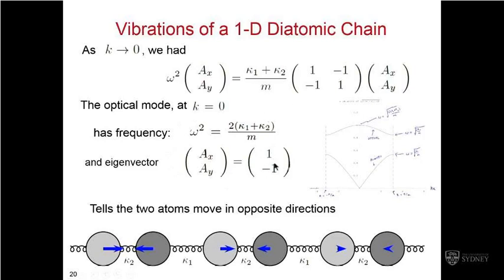Okay, so the motion of, say, the first atom, ax, will be in the opposite direction to the second atom. So in the optical mode here, the atoms are vibrating against each other.